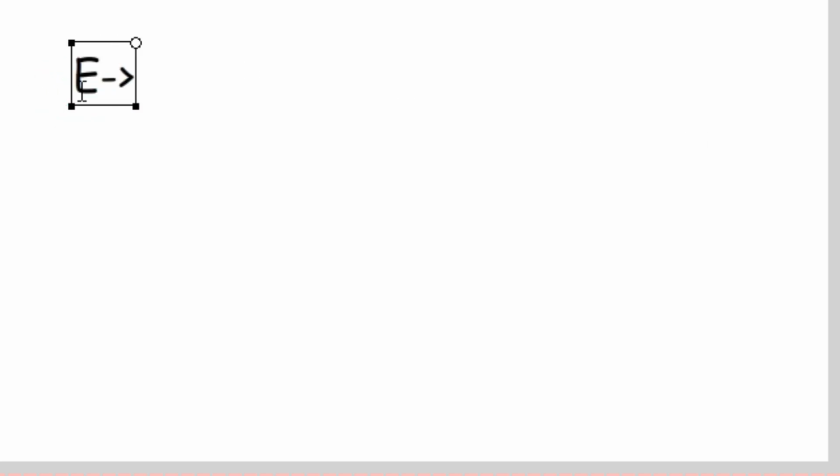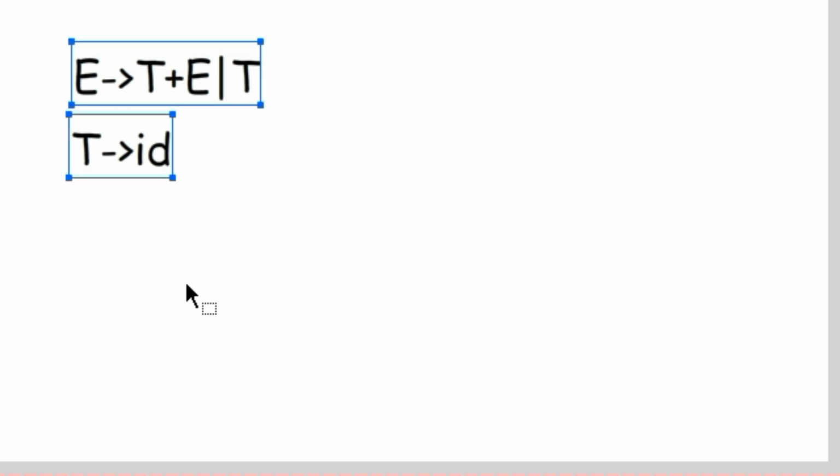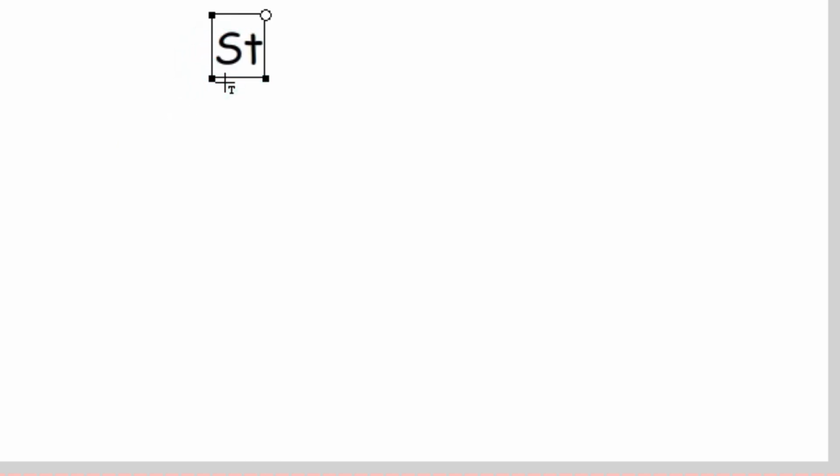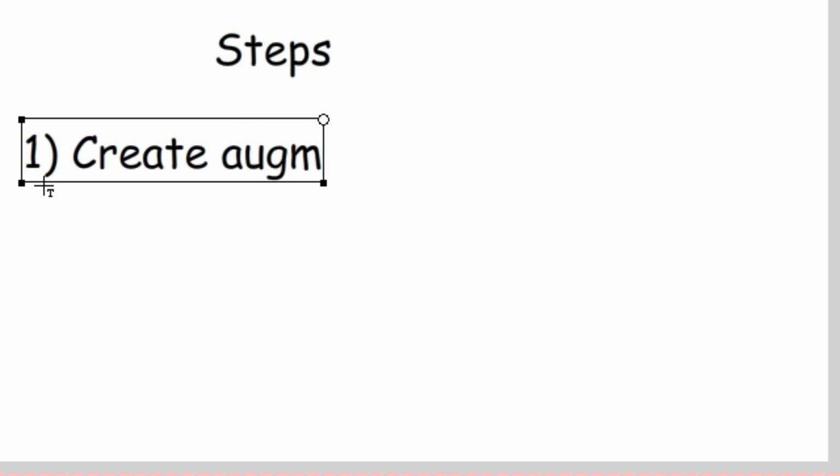So this is an example that we have. E tends to T plus E or T, and we have T tends to ID. This is a simple example. If you understand this one, you can solve any example. Now, what are the steps? So let us first start with the steps and then we'll come back to this. First step is to create augmented grammar.